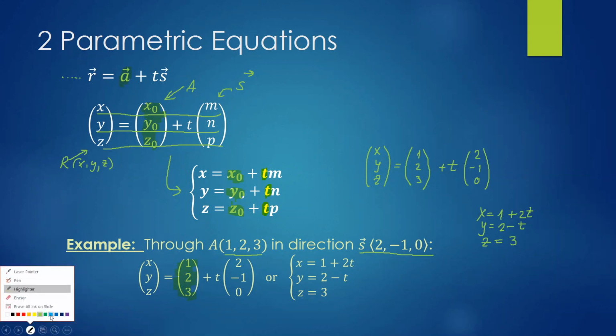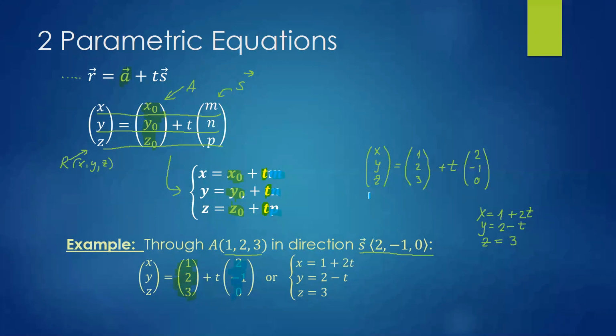So if you have the point and the direction, you know how to write the equation immediately. If you have the equation or the parametric equations, you can also see the direction vector of this line, clearly readable from that equation.